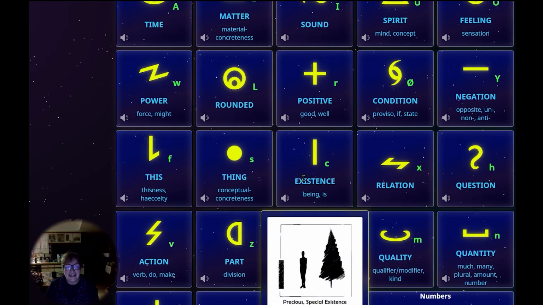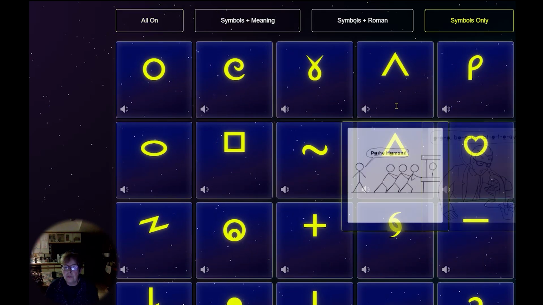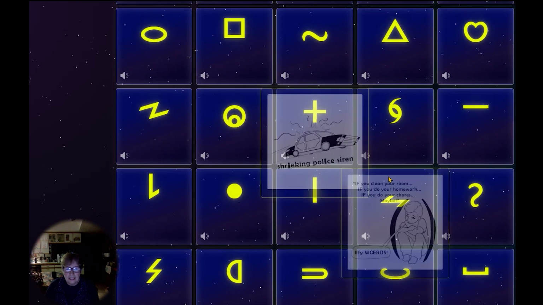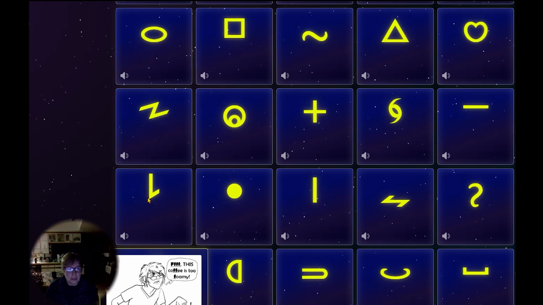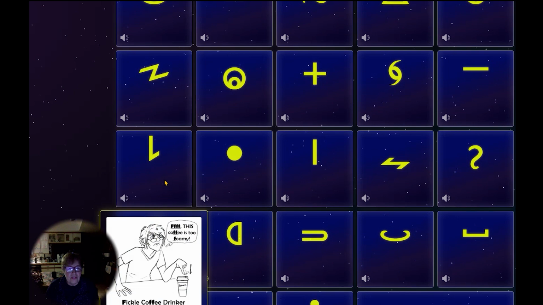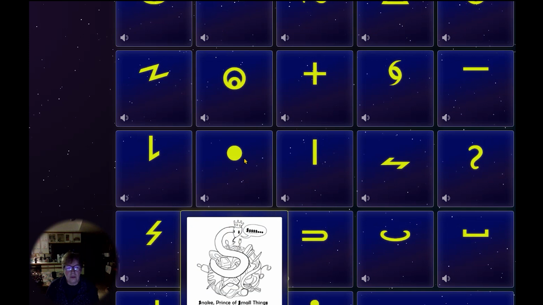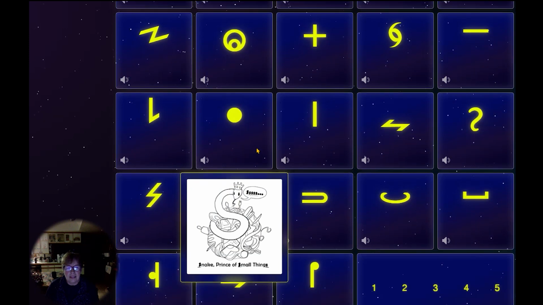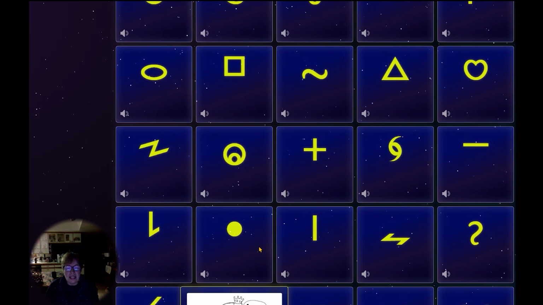Wait a minute. No, we've got to go through them with the symbols only. So let's do that real quick. So we have here the arrow pointing at this. And then we have the enclosed kind of object, thing.